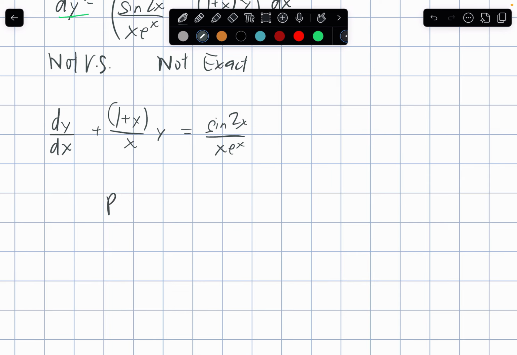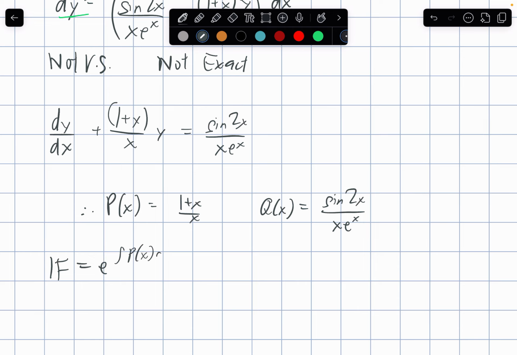Okay. Now let's identify the integrating factor.